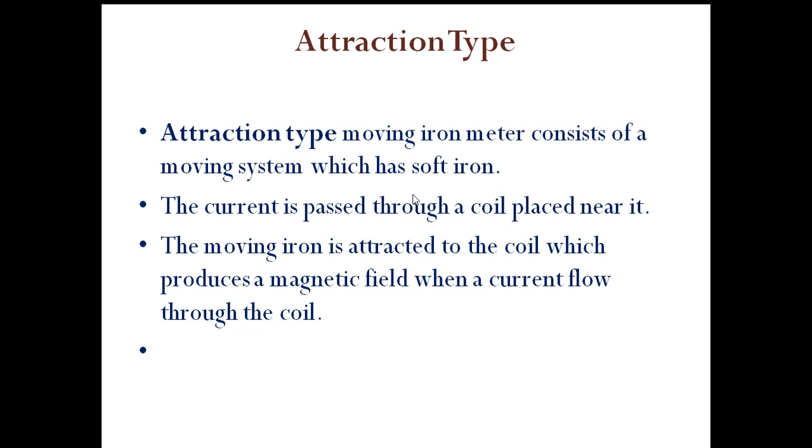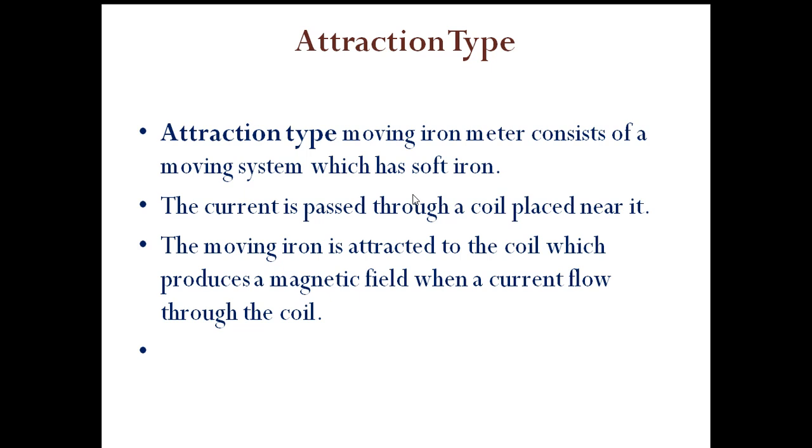That means in this, the current carrying coil is fixed and the iron piece is moving. That's why it is called a moving iron type instrument. The moving quantity is the iron piece.